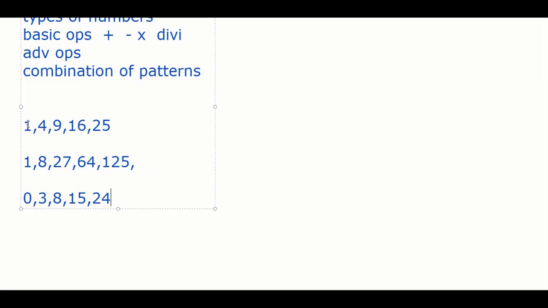One is compared with this. They're all very close to squares, but all are lesser by 1. So subtract 1 here, subtract 1 here, subtract 1 here, subtract 1 here, subtract 1 here. You can say this is a series of squares minus 1. Squares plus 1, cubes plus 1. These are all different patterns.